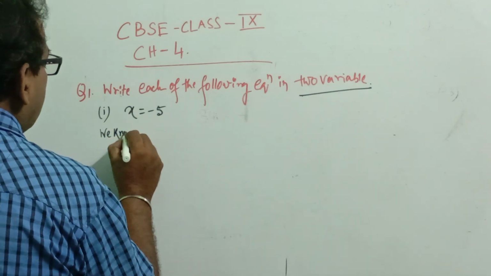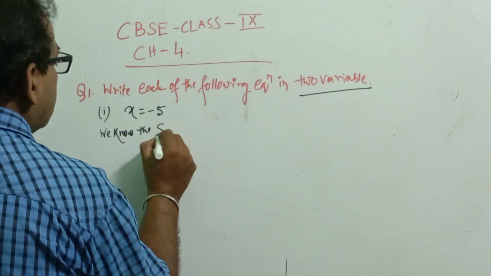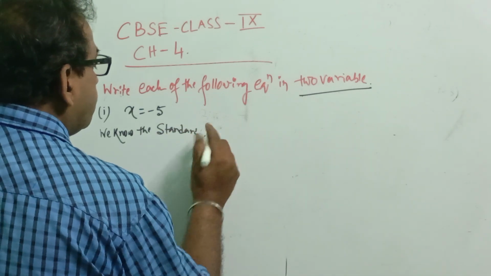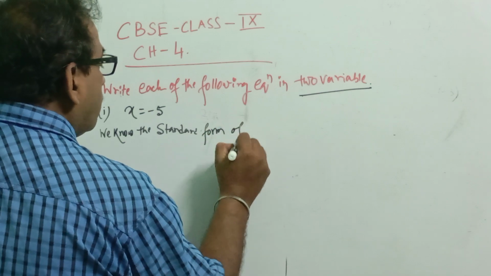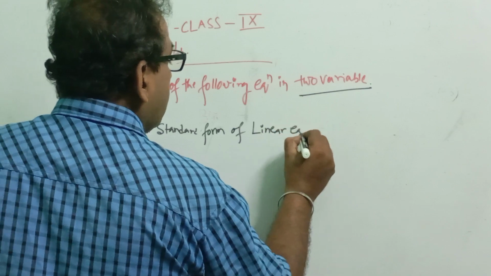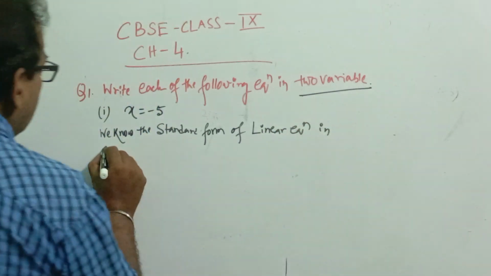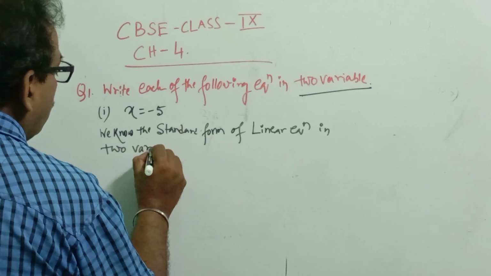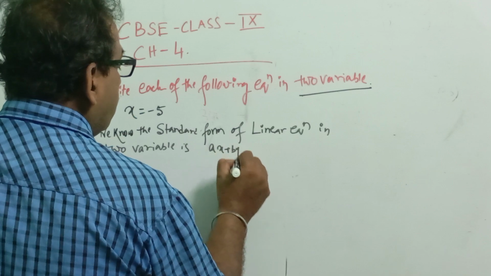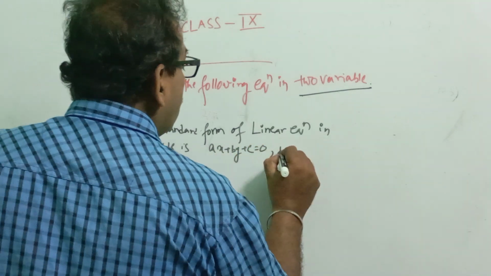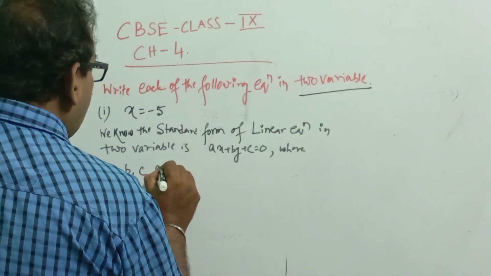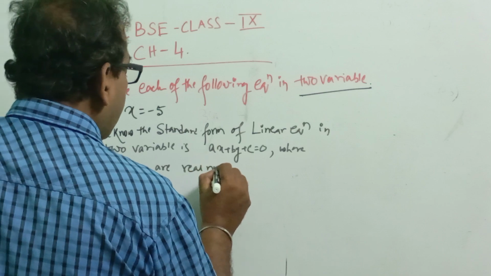We know the standard form of linear equation in two variable is ax plus by plus c is equal to 0, where a, b, c are real numbers.